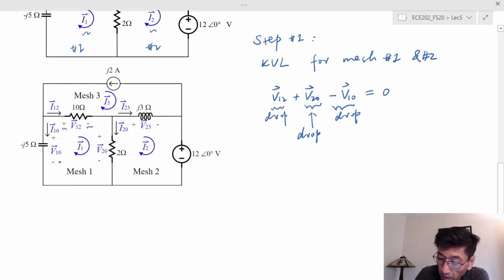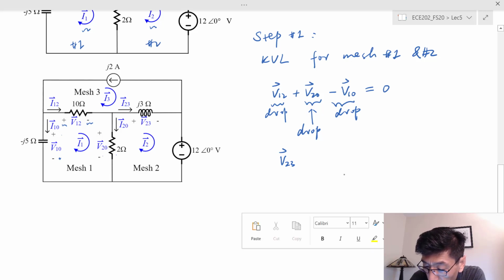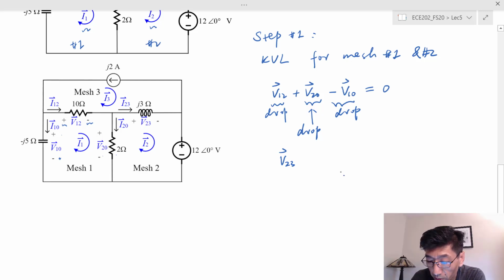A second one for mesh number 2. Again, here we follow the clockwise direction. So in this case, let's start with the inductance impedance. So that's V sub 2,3. That's a voltage drop, right? And I'm going to put the voltage source voltage on the other side of the equation. So on the left hand side of the equation, I would put all the voltage drops across the non-source elements.